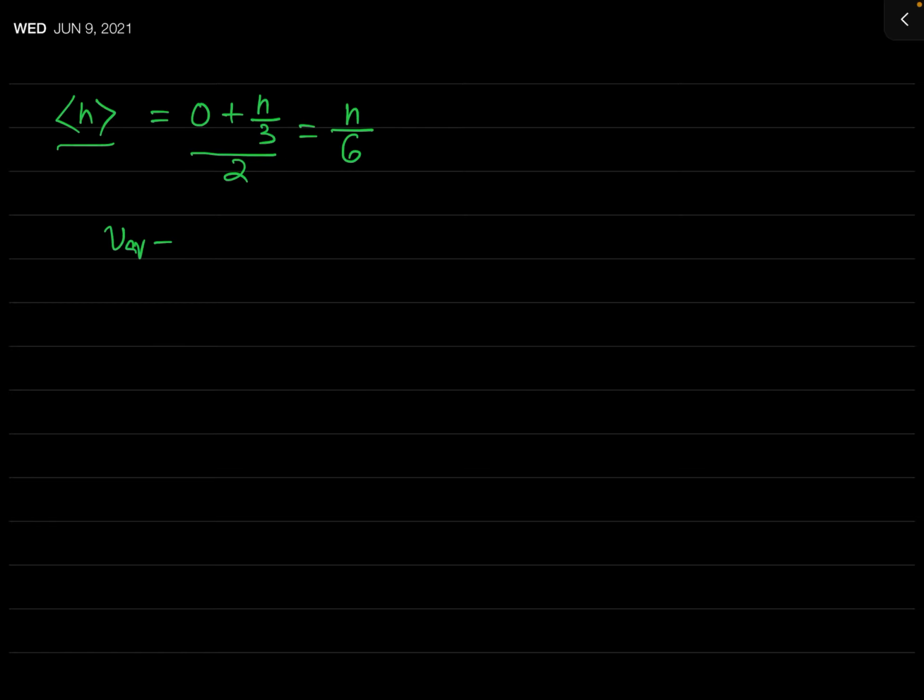Now let us consider that VAV is the average velocity of the gas molecules. Now see, this velocity VAV is actually the thermal velocity, not the velocity due to mass motion.